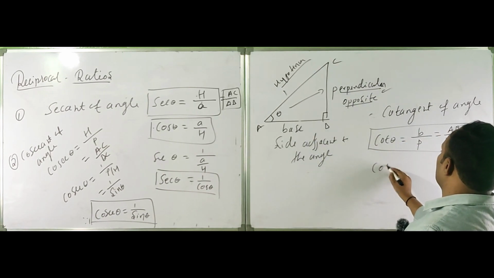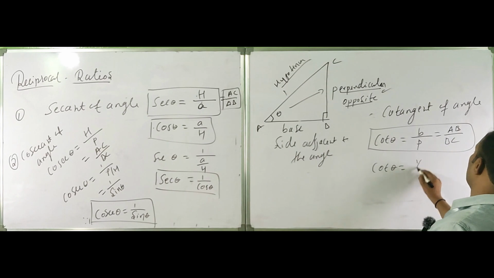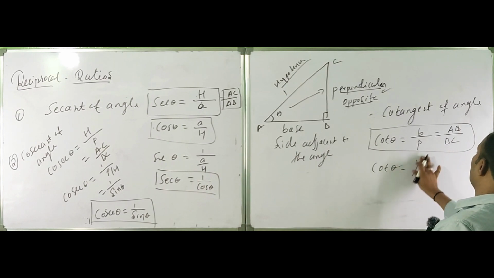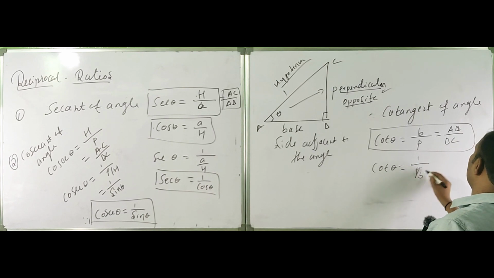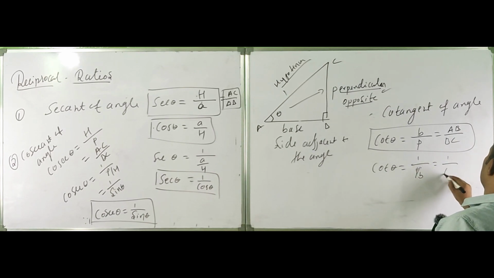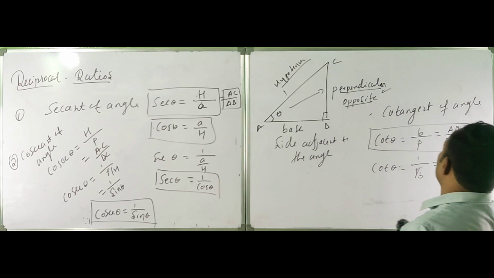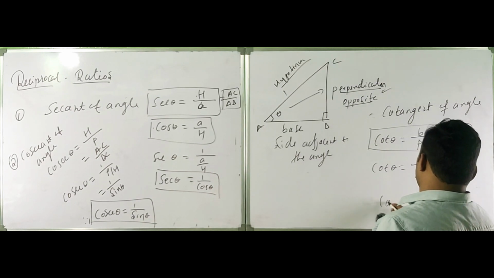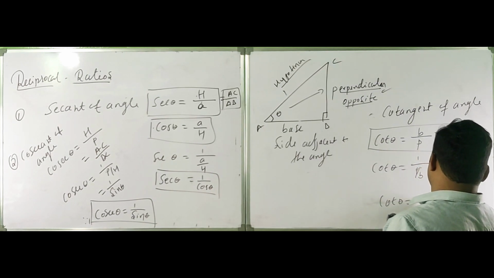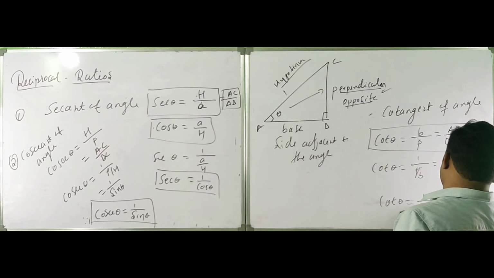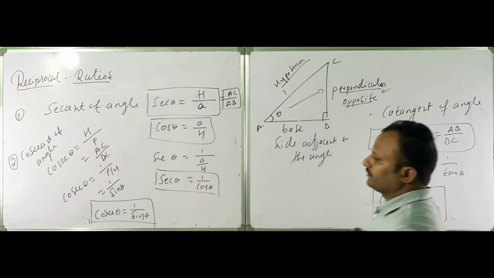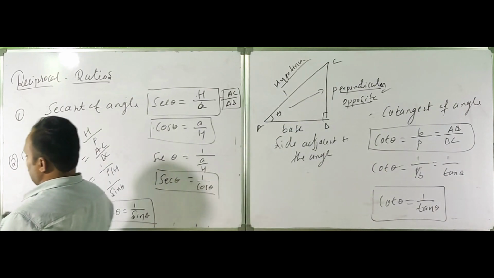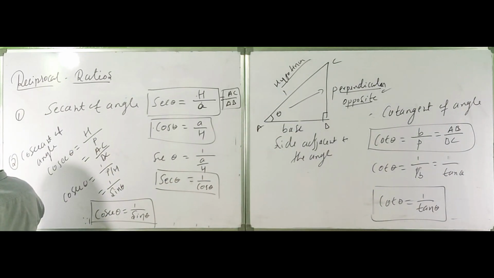This can be written as 1 by tan theta, since tan is P by B. Therefore cot theta is equal to 1 by tan theta. Guys, these are the standard trigonometric ratios, right?